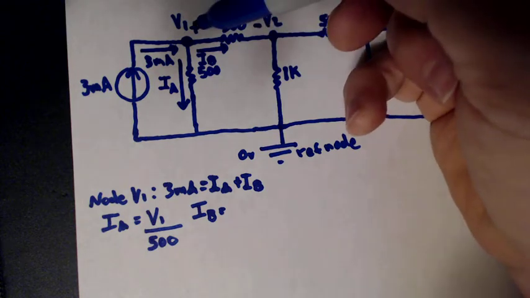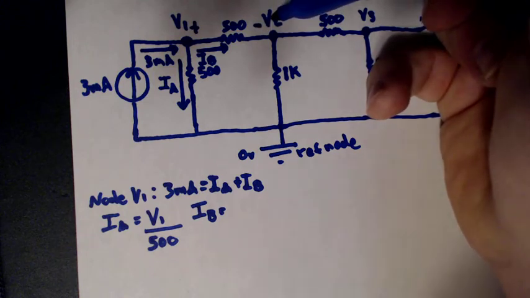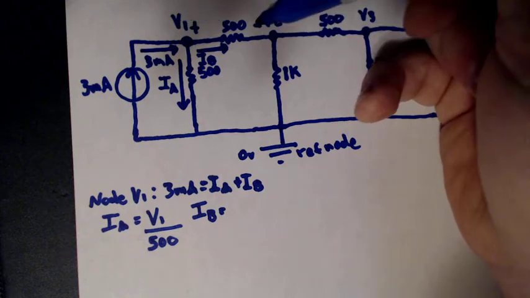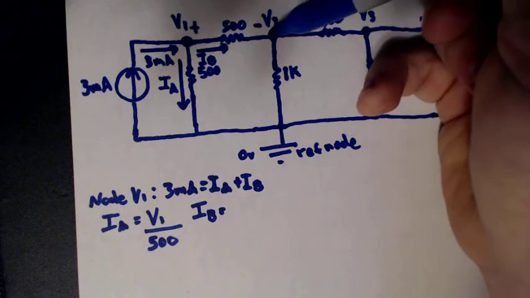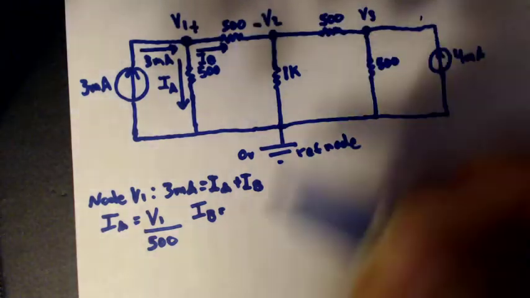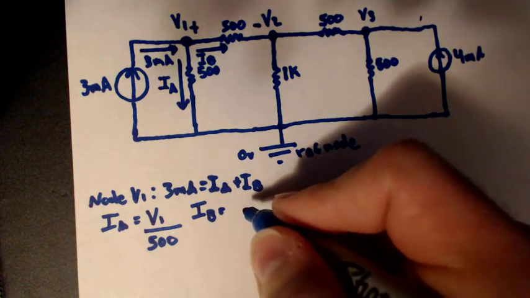So now I can say plus V1 minus V2. See how I did that? Plus V1, looking at the polarity, minus V2. It's actually really similar to how we did KVL back in the day. Okay, so IB is going to be equal to the voltage drop divided by the resistance.